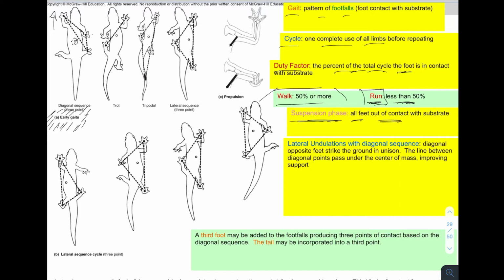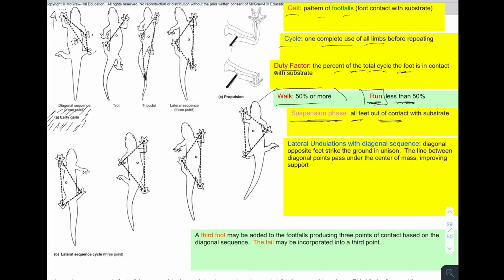When it does so, it's going to plant with this limb and this one and that one as well, putting its weight on those three. And if we were to draw a triangle between those three points, what we would see is that the center of mass is outside of that triangle, giving that animal an instability, right?